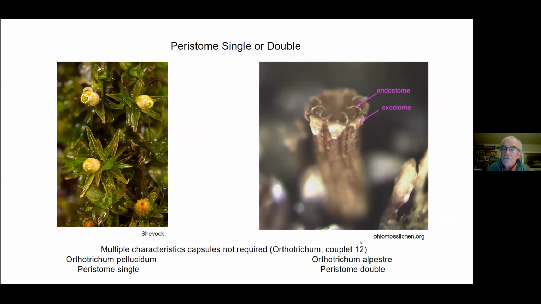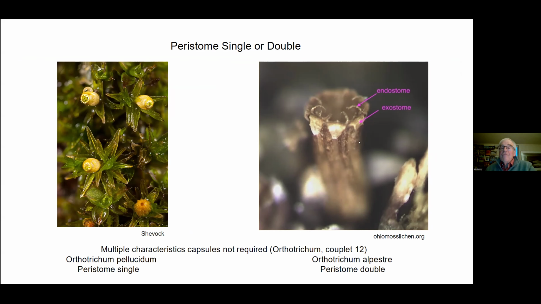Orthotrichum pellucidum is separated from alpestre by whether or not the peristome is single or double. And in this Orthotrichum alpestre, you can see that the peristome, the teeth on the outside, which is called the exostome, are these thick shaped teeth. And on the inside is another row of teeth, the endostome, that are these little hair-like things.